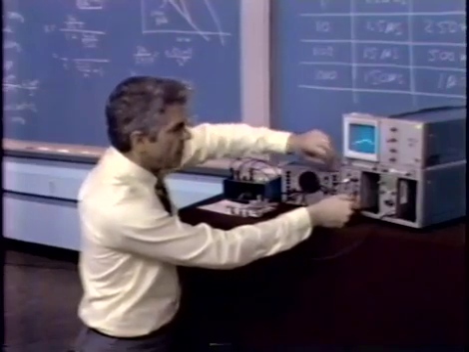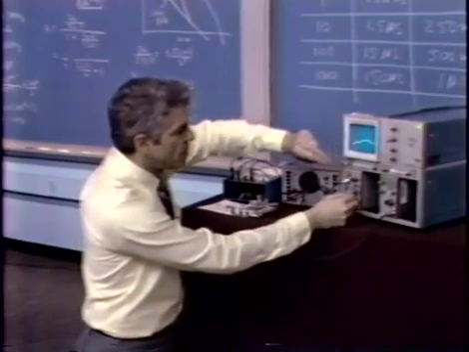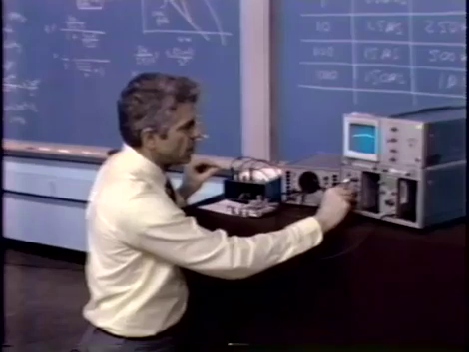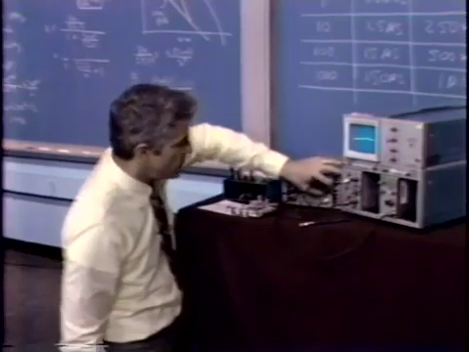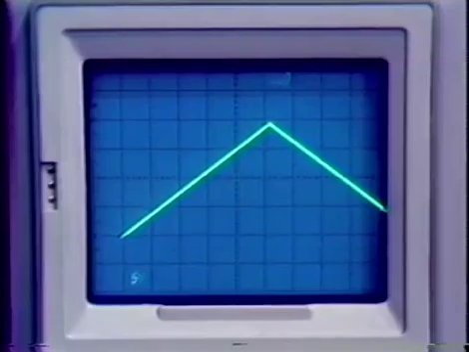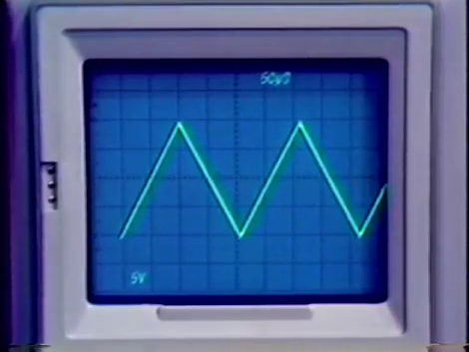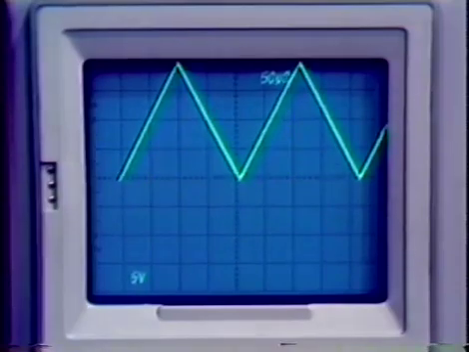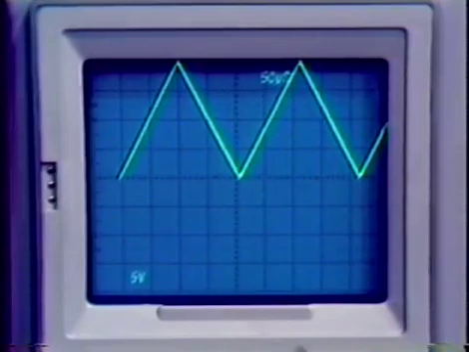In fact, this amplifier has an output dynamic range of about plus or minus 10 volts, and let's drive very close to that. Here we are at 5 volts per division. Let me run the input amplitude up to the point where we're getting an output amplitude of about 20 volts peak to peak, plus or minus 10 volts. So that's the input signal and the output signal really to the amplifier.